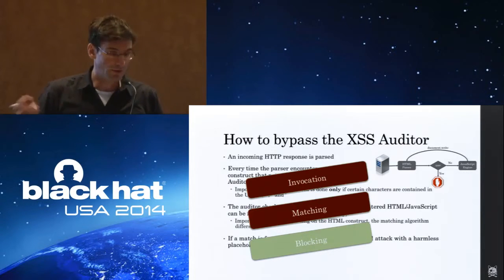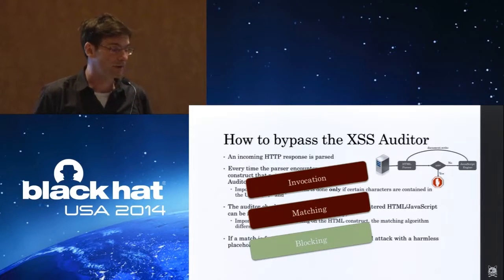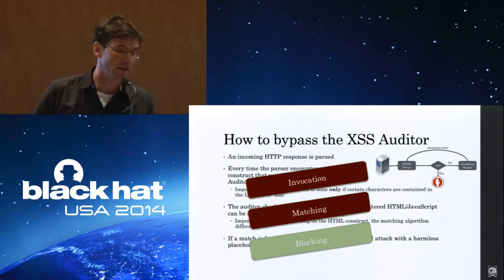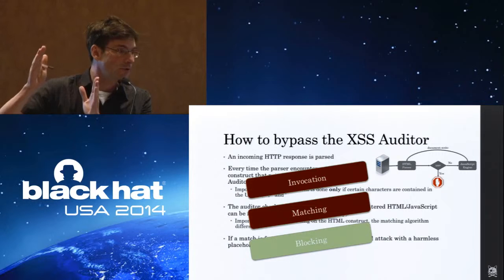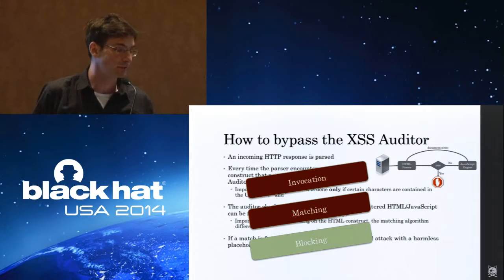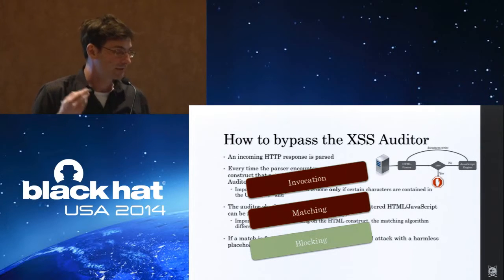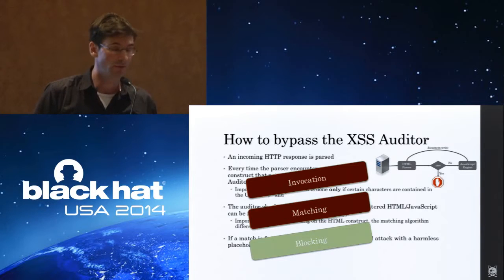This is the reason why I showed you the matching rules so specifically. At one point, the auditor has to find an equal string both in the HTML and in the request. And if we are able to create an injection payload that somehow fools this matching process, we win, if we are the attackers.